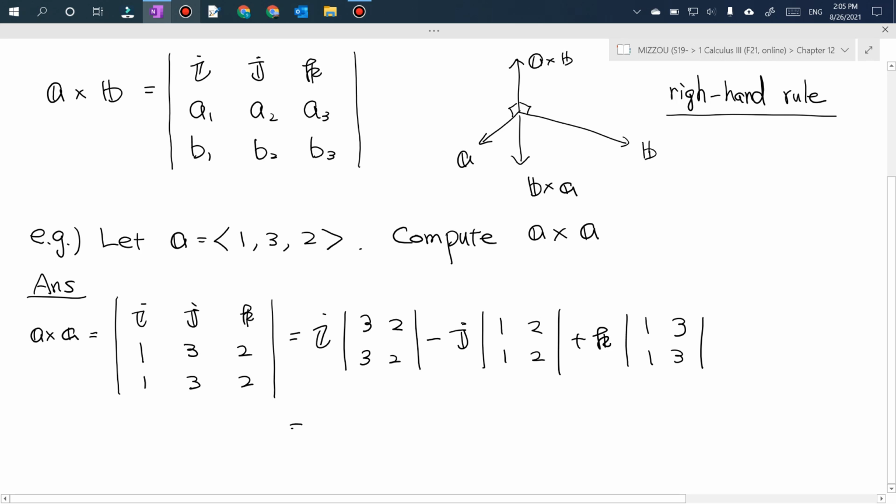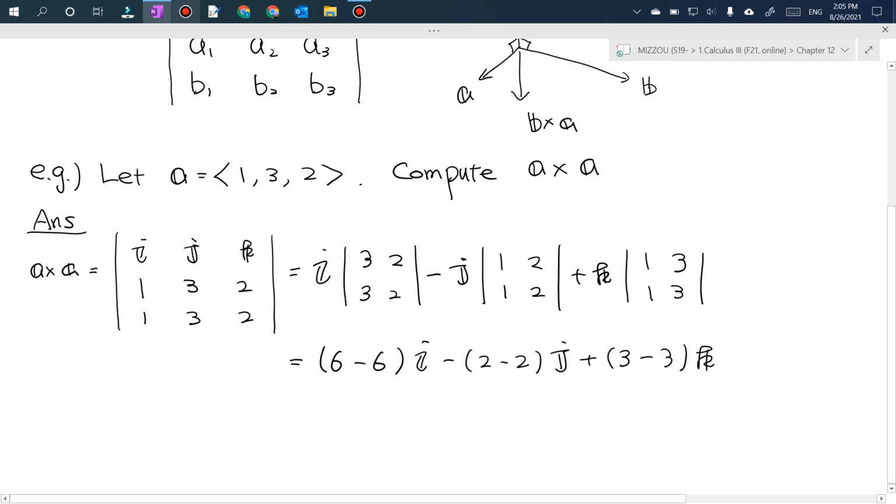Now let's work this out. To compute this, you do AD minus BC, so to speak. So this is (6 minus 6)i, minus (2 minus 2)j, plus (3 minus 3)k. And then this is 0i minus 0j plus 0k. What's this? Well, this is just the zero vector, (0, 0, 0).